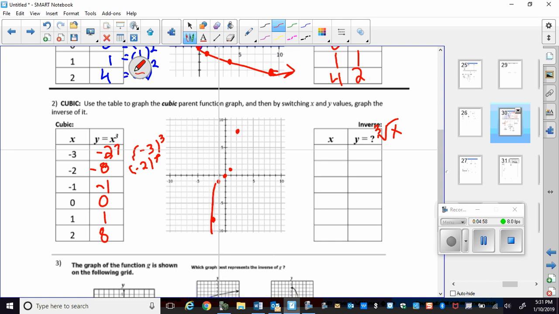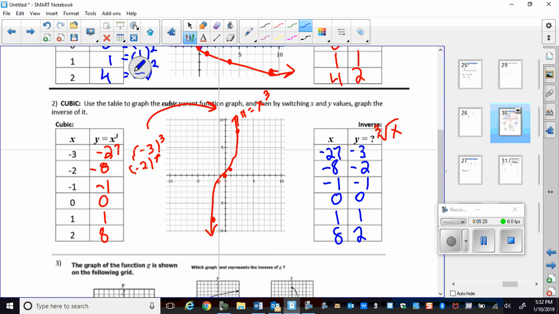So this is y equals x cubed. That's this graph right here. Then we find the inverse by switching the values. So negative 27, negative 3, negative 8, negative 2, negative 1, negative 1, 0, 0, 1, 1, and 8, 2.